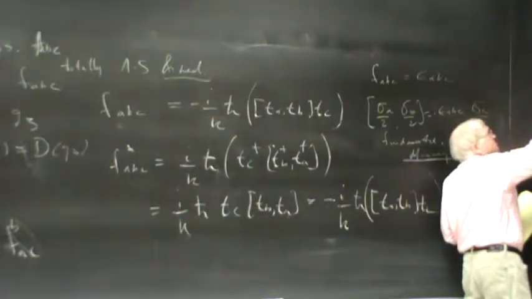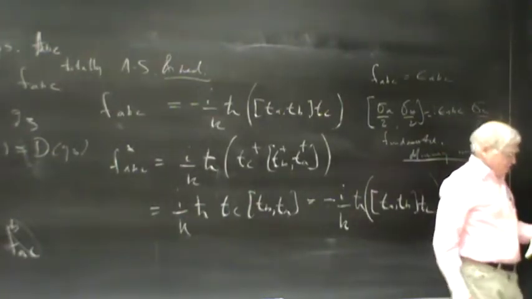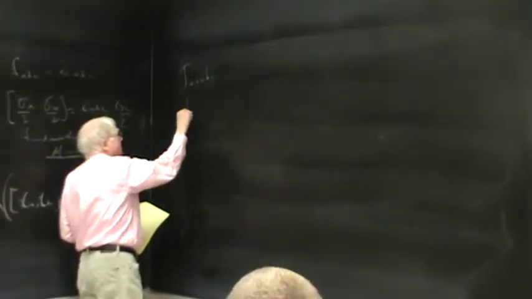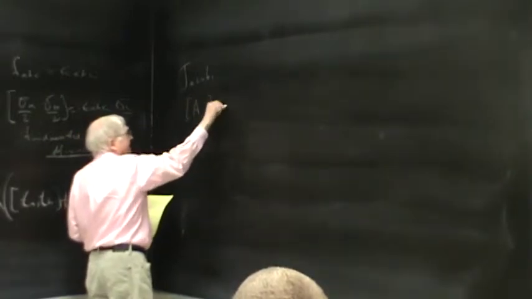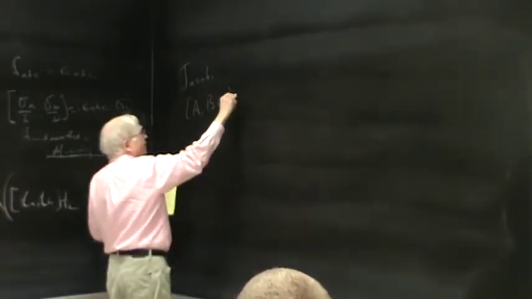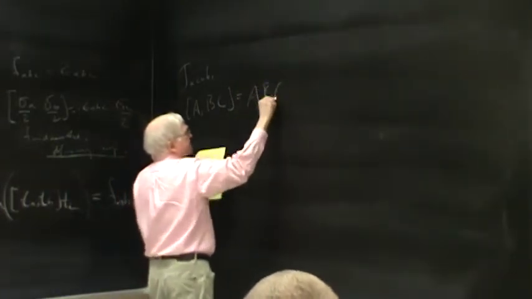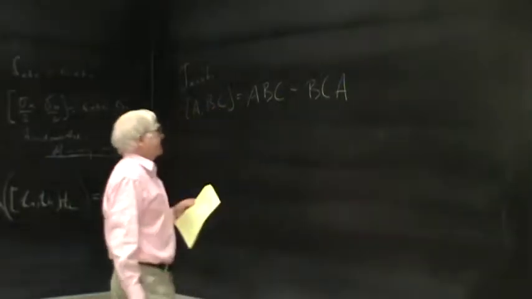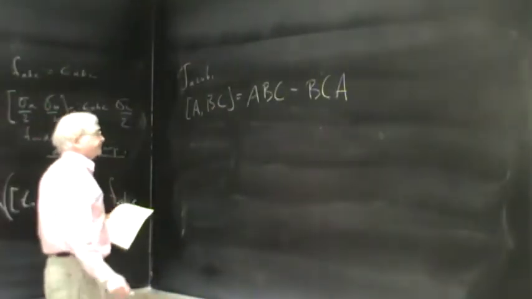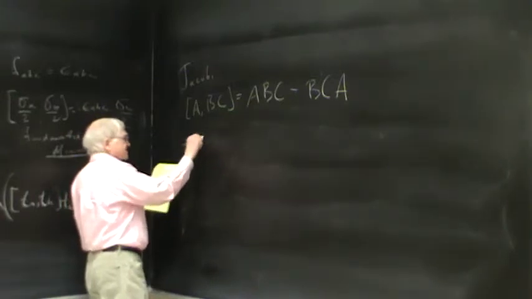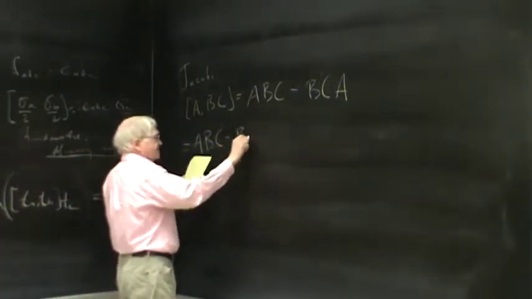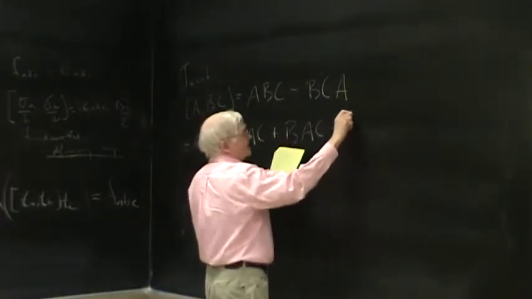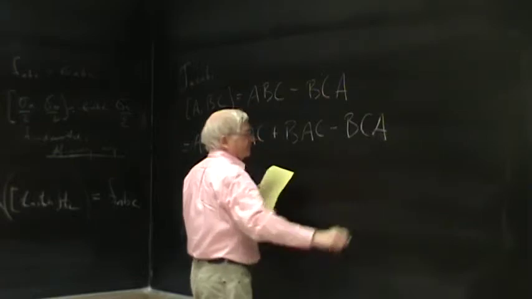Okay, so the Jacobi identity. This is really worth knowing about, and I'm sure you already know about it. But let's just see it again because it is so important. So that's the commutator of A with BC, and we can rewrite it as ABC minus BAC plus BAC minus BCA.